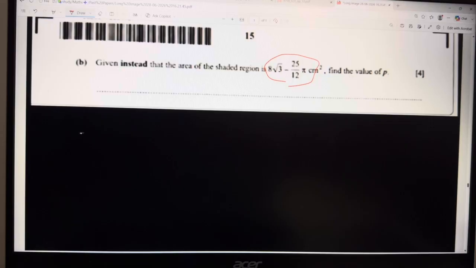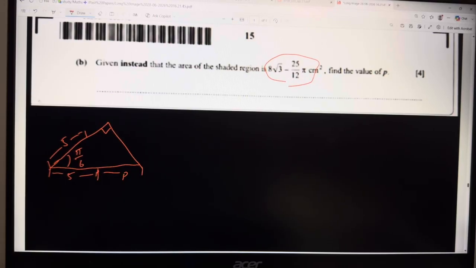The diagram is such that this is a 90 degrees, this is pi by 6, this part is 5, this part is unknown, and again this part is 5, and this part is p, and we have no information about this part.